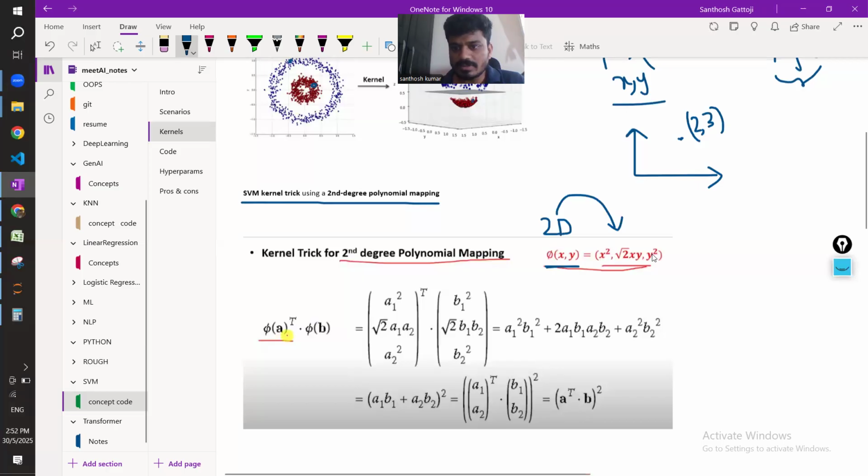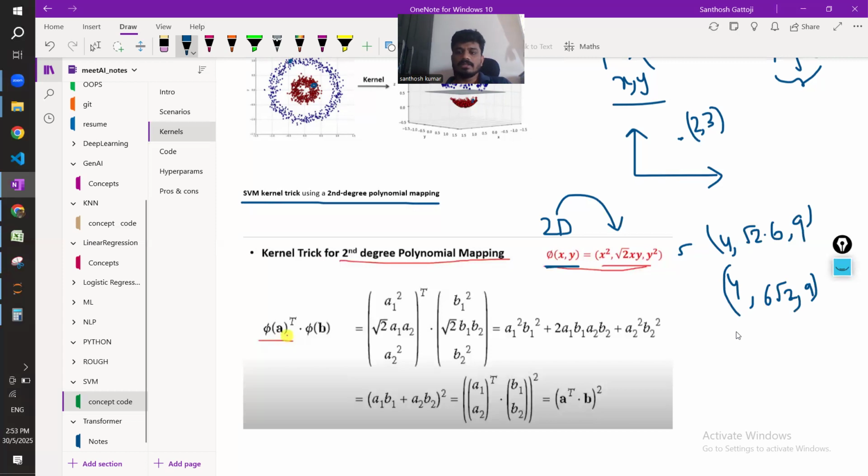If you use this one, this will be x square, that means 2 square, 4, comma square root of 2 into 3, that is 3 root 2, comma y square, 9. So 4 comma 3 root 2 comma 9 are its new coordinates in 3D: x-axis coordinate, y-axis coordinate, z-axis coordinate.